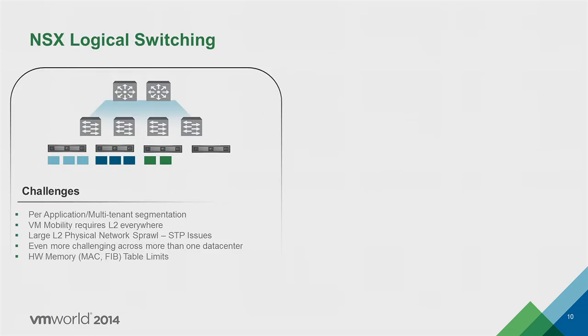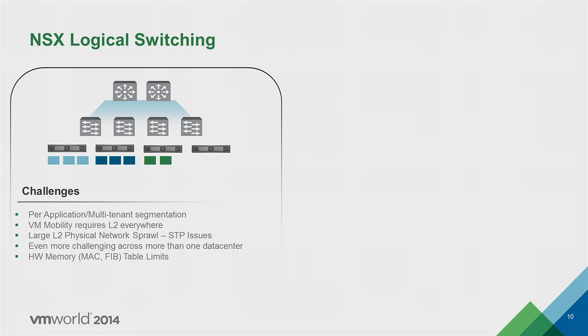Before I jump into the details of the solution, I think I need to take a step back and explain the key NSX components of the multi-site solution so we can highlight how they help in a multi-site deployment. Starting with logical switching, today most of you, I imagine, are using VLANs to provide isolation for your applications.